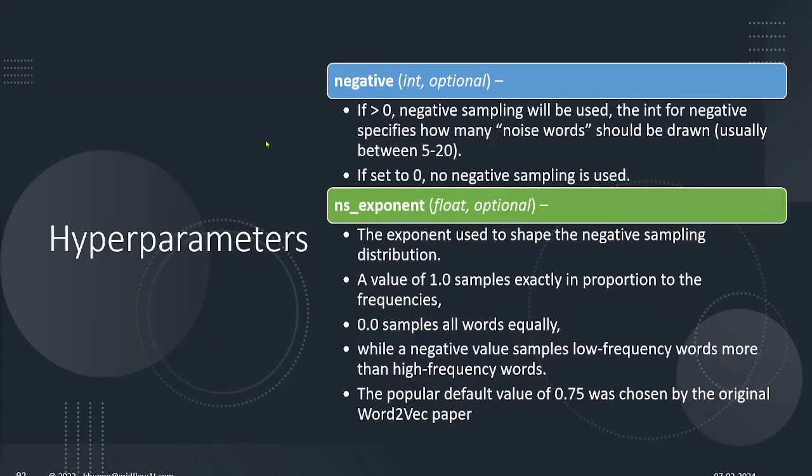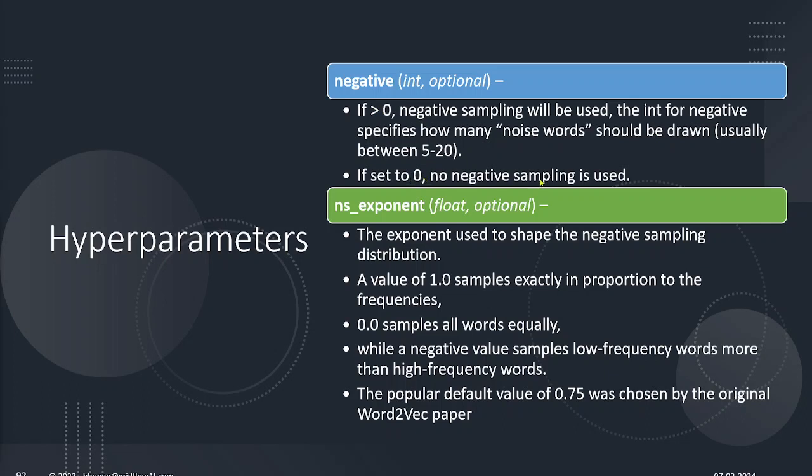Okay, so the hyperparameters in Gensim to help you configure negative sampling. If you give an integer value for negative, and it is greater than 0, that means negative sampling is going to be applied by the algorithm.